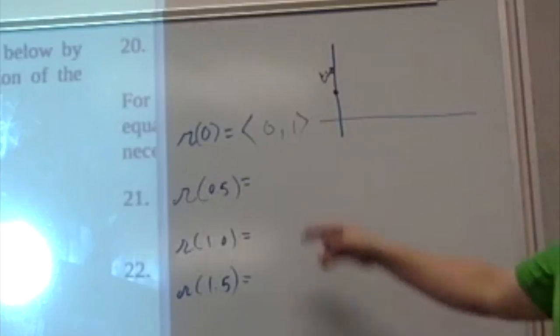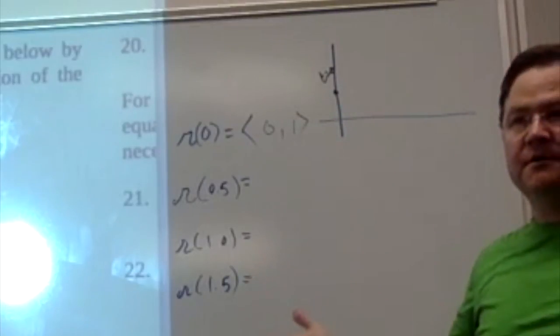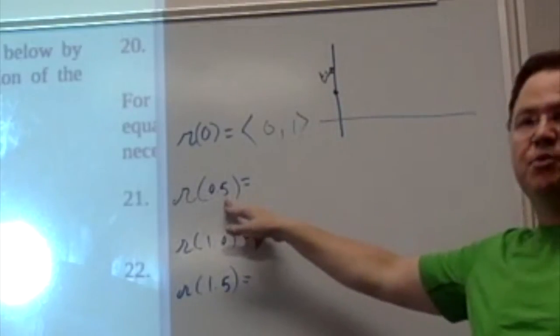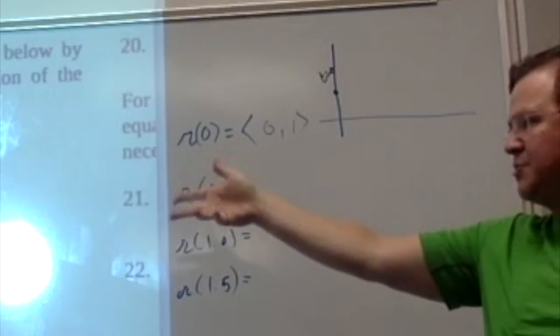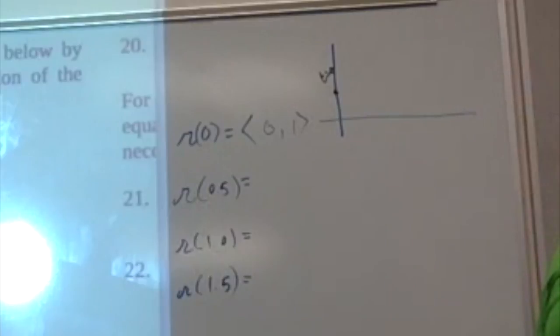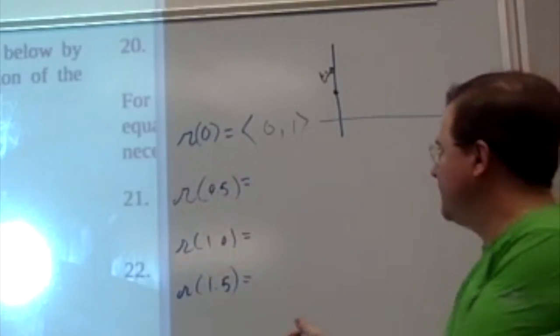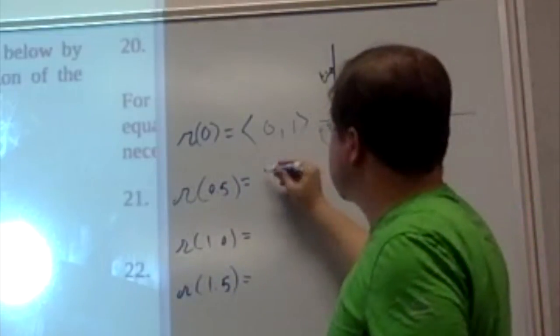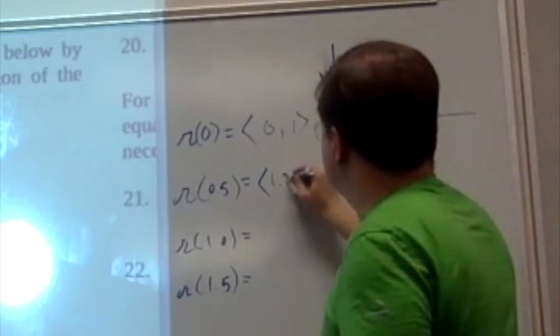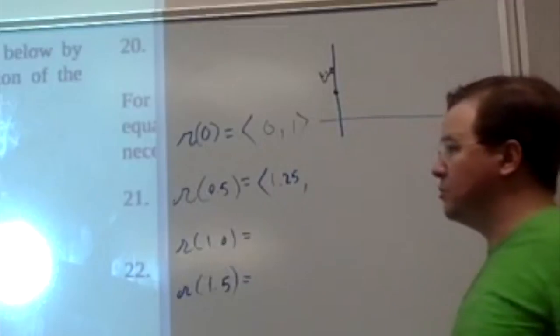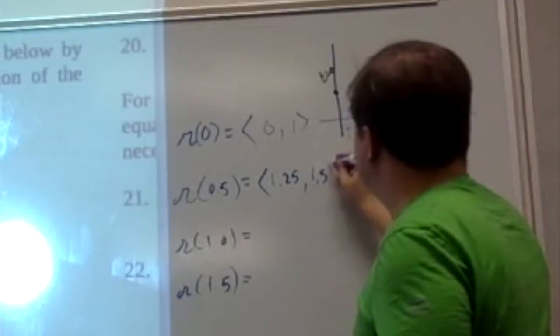As t increases, t could really be anything. But if I bump it up to 0.5, I'd be squaring 0.5, adding it to twice 0.5 for the x coordinate, and taking 1. So it's going to be a quarter plus 1, so yeah, you're right, 1.25. The y coordinate would be 1 plus 0.5, so 1.5.